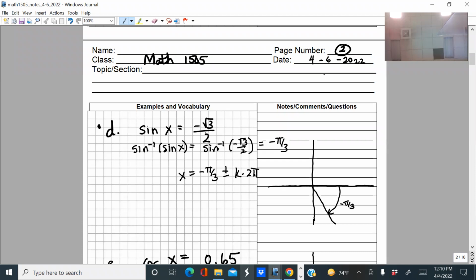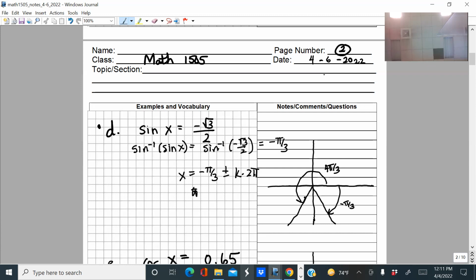Now, where's the other angle though? It's got to be in the third quadrant, right? Because that's the only other place where sine is negative. So it's this angle. It's got to also have reference angle pi over 3. And this angle, if you write it as a positive angle, is 4 pi over 3. But you could have also written it as minus 2 pi over 3, and that would have worked.